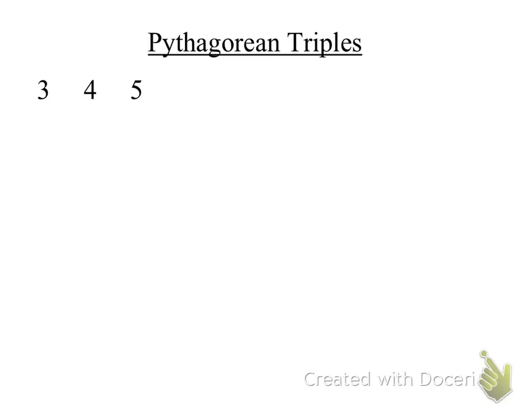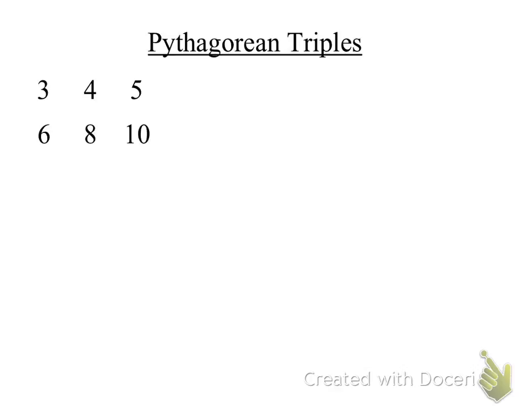Does 3 plus 4 equal 5? So we can't just do a plus b equals c. So if I take this Pythagorean triple, 3, 4, 5, and I multiply it by 2, what do we get? 6, 8, 10, right? That too is a right triangle.